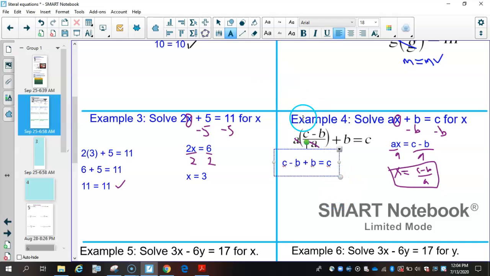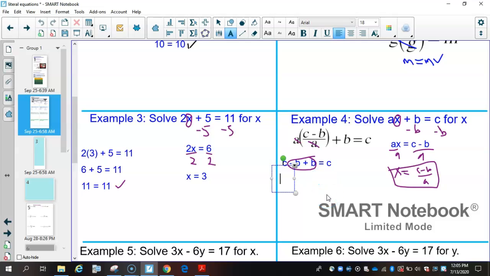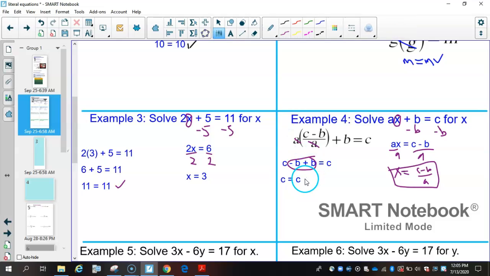And you'll see that a lot of them work out this way. Then we have 2 things we can combine because they have the same variable, and because we have this negative and this positive, our additive inverse comes into play and they cancel, become 0, leaving just c equals c, which is what we wanted.